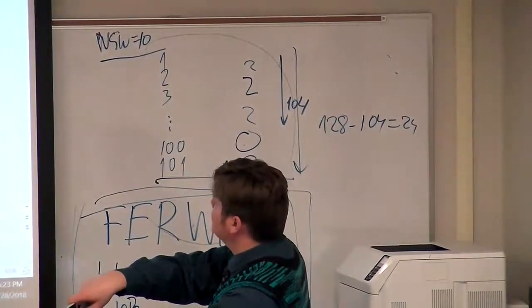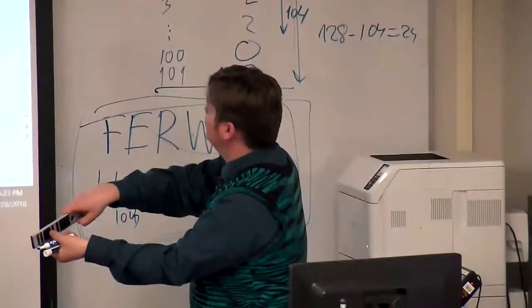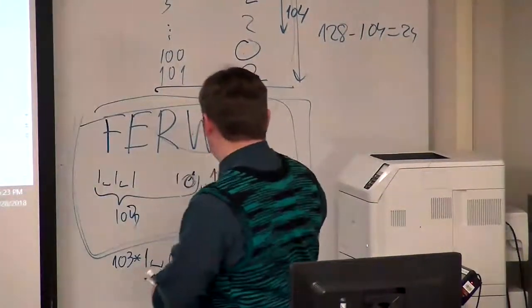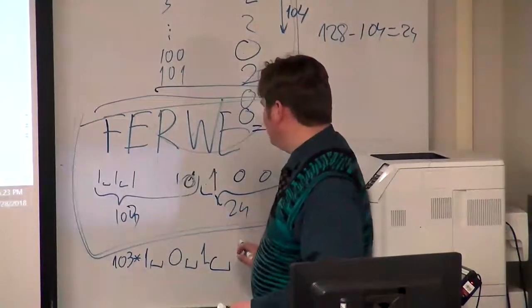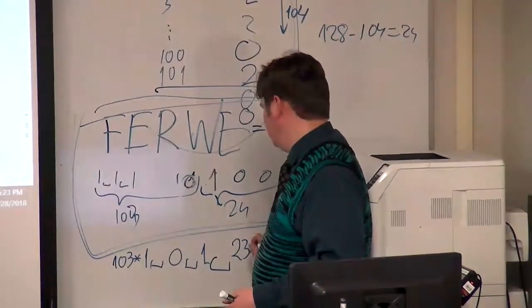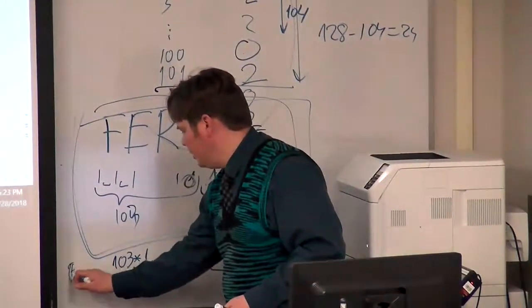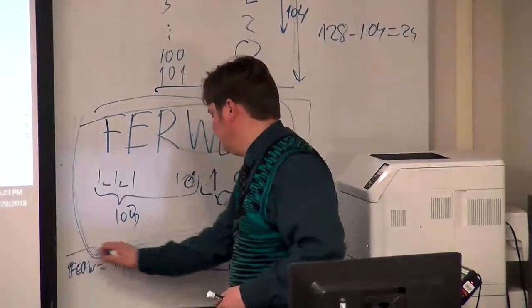Focus, focus, focus. Focus more. Good. Space. Now we need 24 minus 1, 23 times 0. So FERWE equals this stuff.